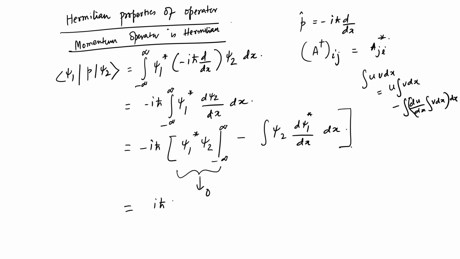So, it is iħ ∫ ψ2 (dψ1*/dx) dx. So, this is nothing but ψ2 p ψ1*. Okay. So, ∫ψ1* p ψ2 is equal to ∫ψ2 p ψ1*.